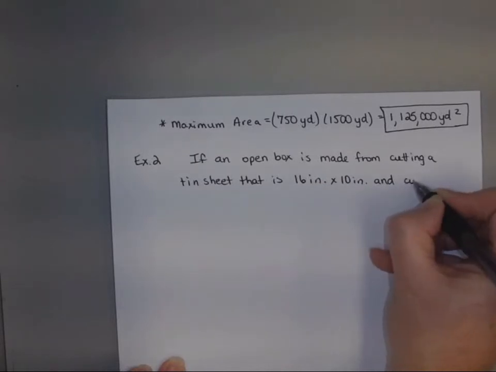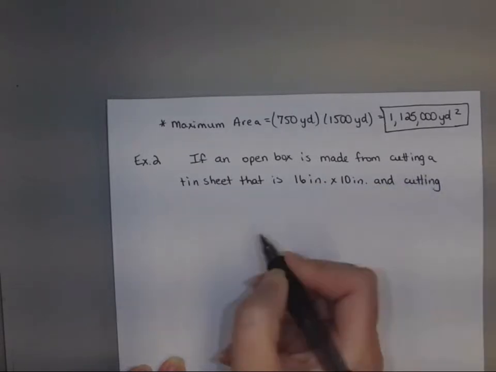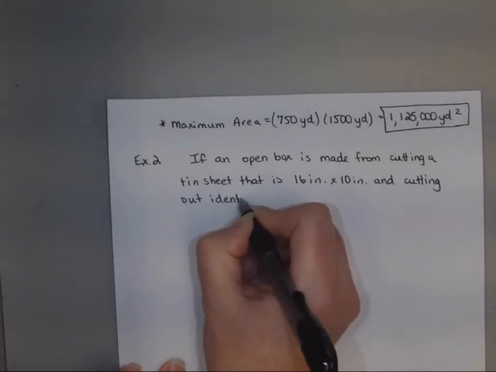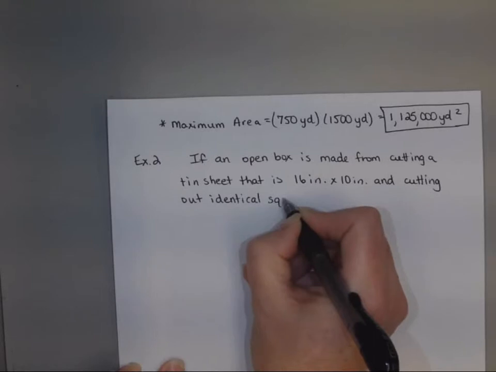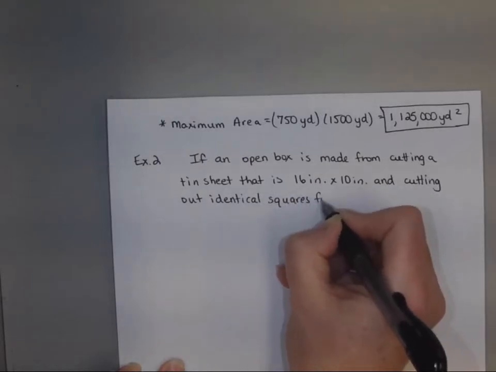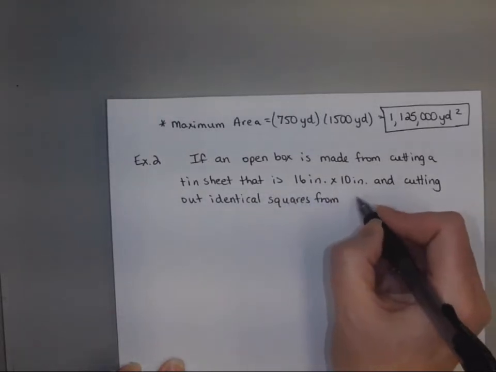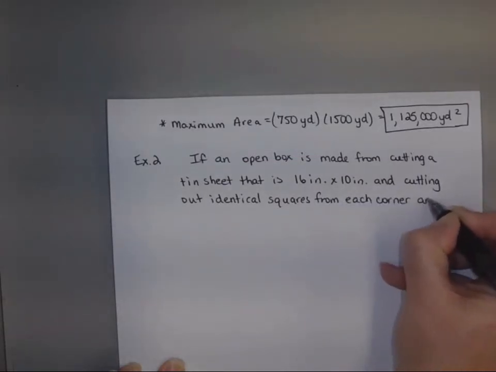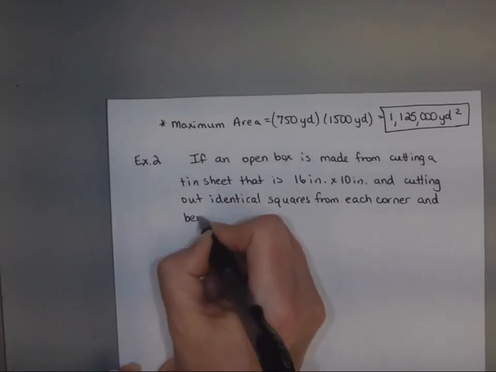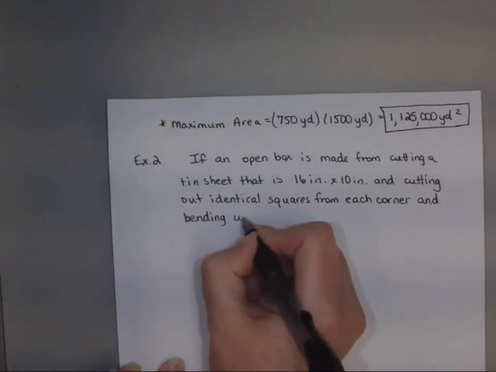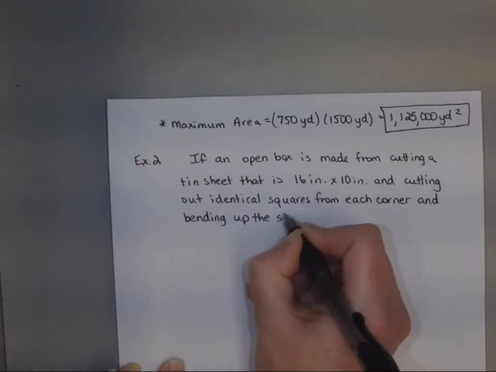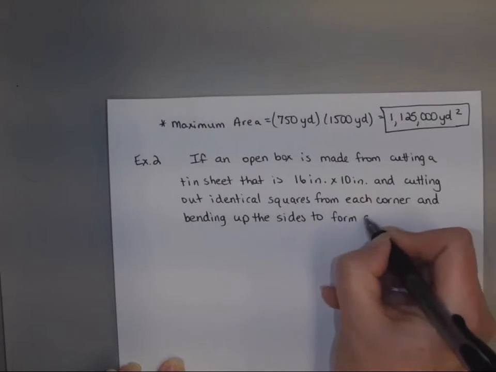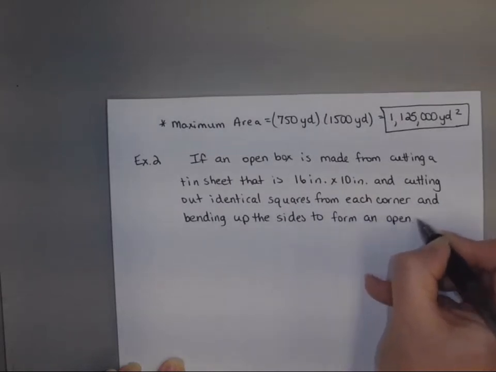Unfortunately, these require a lot of explanation, the word problems themselves, and cutting out identical squares from each corner, and bending up the sides, to form an open box with no lid.